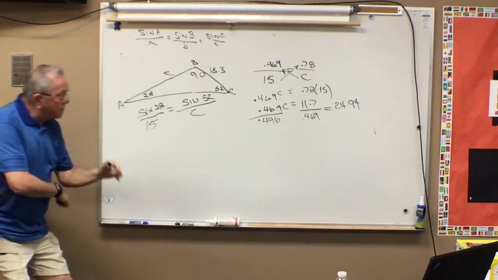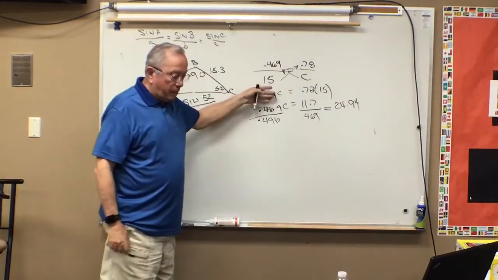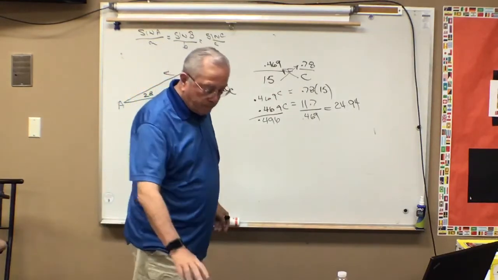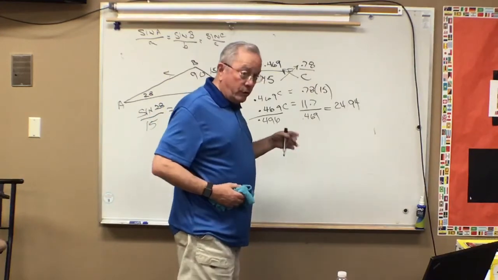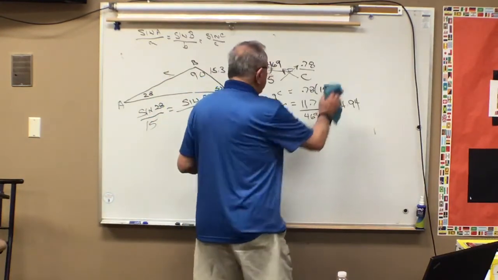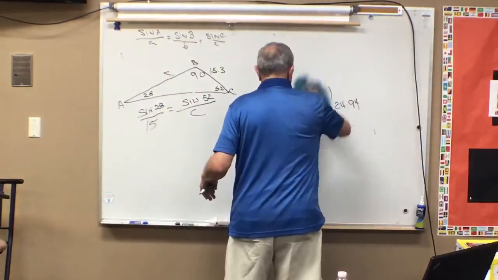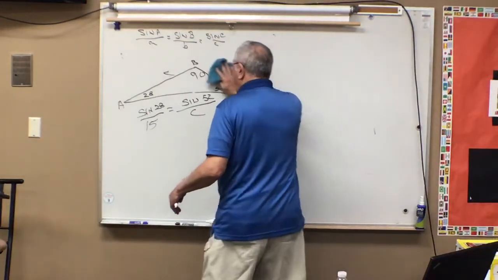The problem is, instead of doing this, they start right here. Okay, so let's do another problem. So we found a side. Finding the sides are easy because you don't have to use the inverse, do you? All righty.